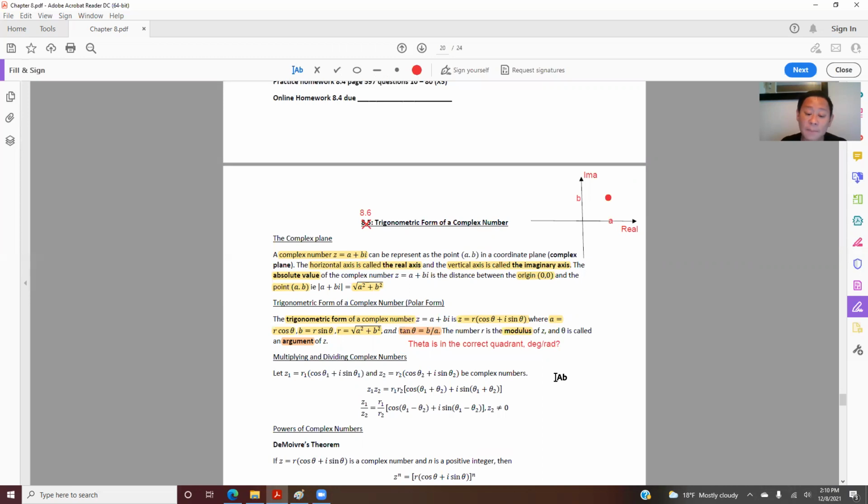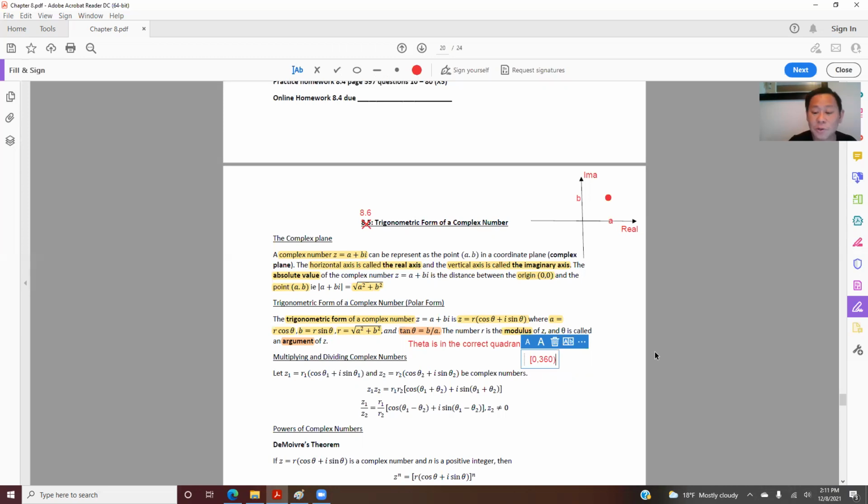Sometimes your question wants you to write your answer in degree, and sometimes they want you to write the answer in radian. And also usually this is going to be from 0 to 2 pi if you're talking about radian, which means 0 to 360 degrees. So it depends on what type, degree or radian, they use.